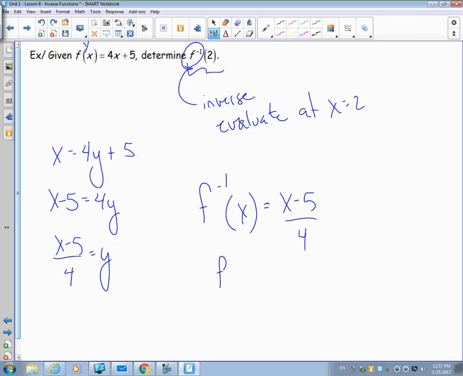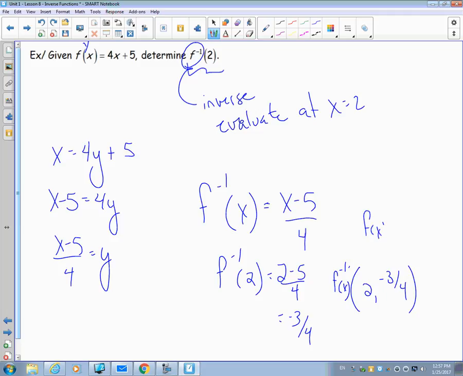Sure I can. My inverse, using some function notation here, 2 minus 5 over 4 gives me -3/4. That means on the inverse, there would be a point (2, -3/4). That'd be on your inverse, right? On the original function, you actually know now that there would be a point at (-3/4, 2), because they're swapped.